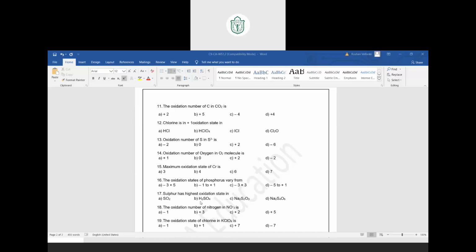Sulfuric acid, H2SO4: 2 plus x minus 8 equal to 0. Very good. 6. Next, solve for option C, sodium thiosulfate, Na2S2O3. 2 plus 2x minus 6 equal to 0.